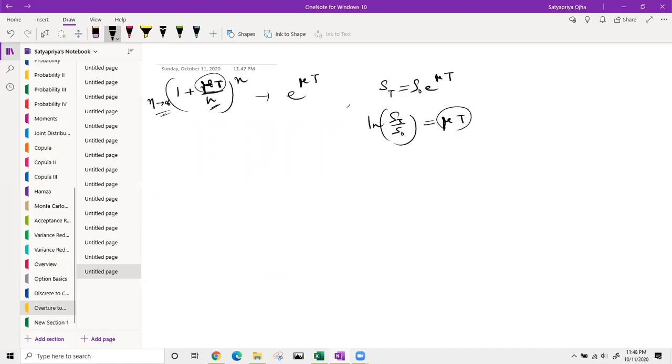Since we're talking about random returns, it's not a deterministic return. When we studied continuous compounding or discrete compounding, annual compounding, in those derivations, did we ever consider that the returns are random? No. We work with deterministic returns, always.